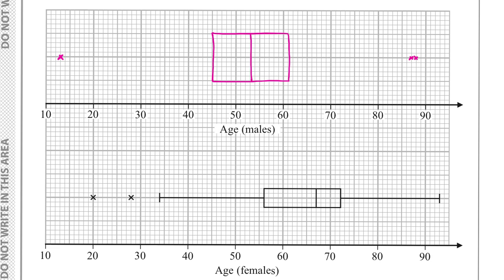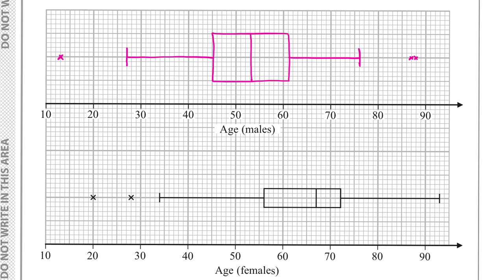So 27 becomes our new minimum. I'm drawing it nice and neat with my imaginary ruler. And then what's the highest number before 87? 76? Perfect. There we go. Nice and simple. 4 marks for that.